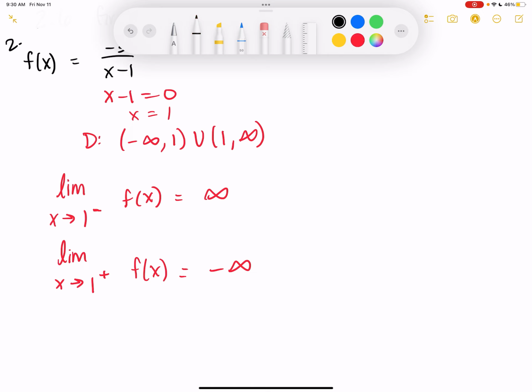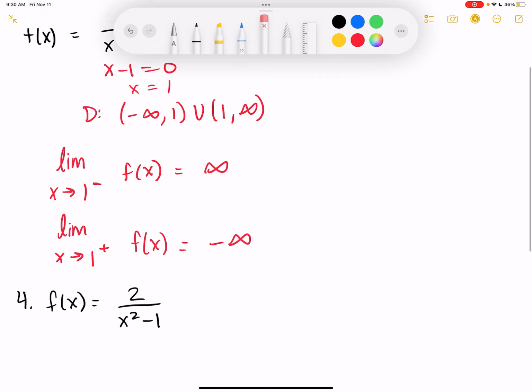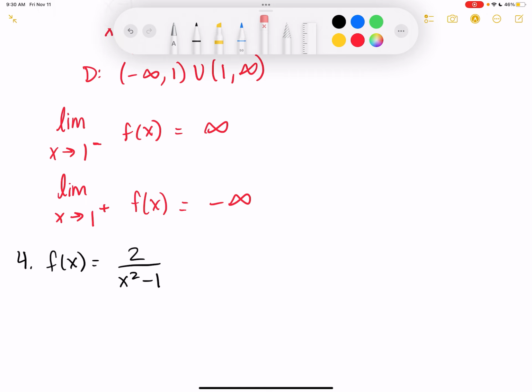Let's look at another one of those. Number 4, f of x equals 2 over x squared minus 1. So I set the denominator equal to 0 and solve. So x squared minus 1 equals 0. x squared equals 1.